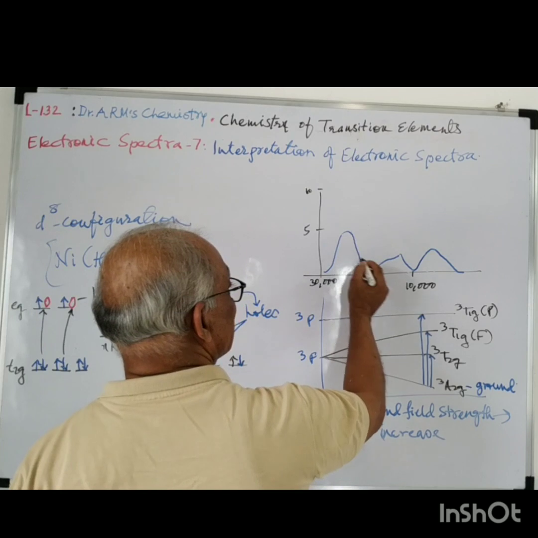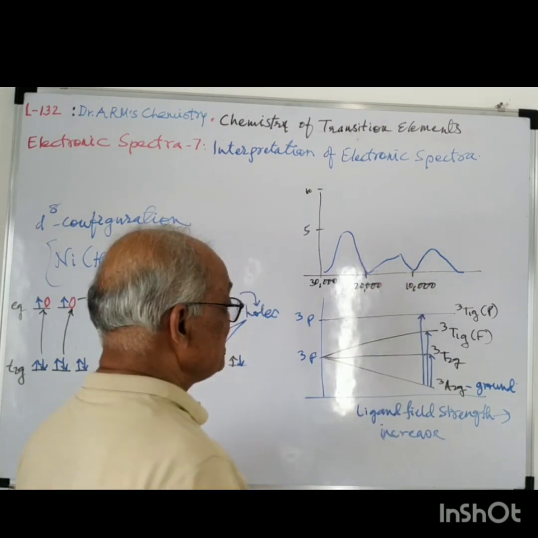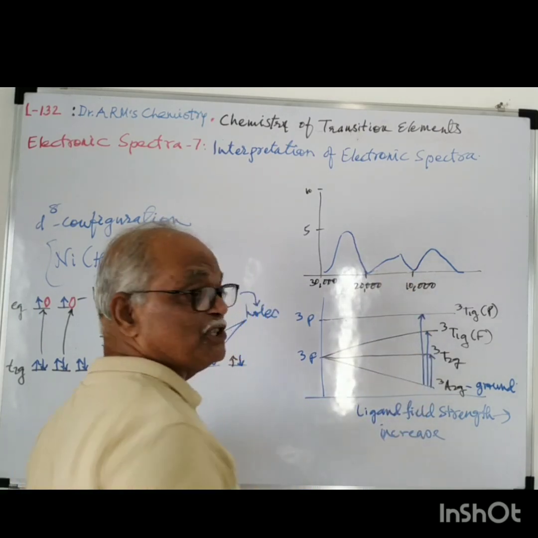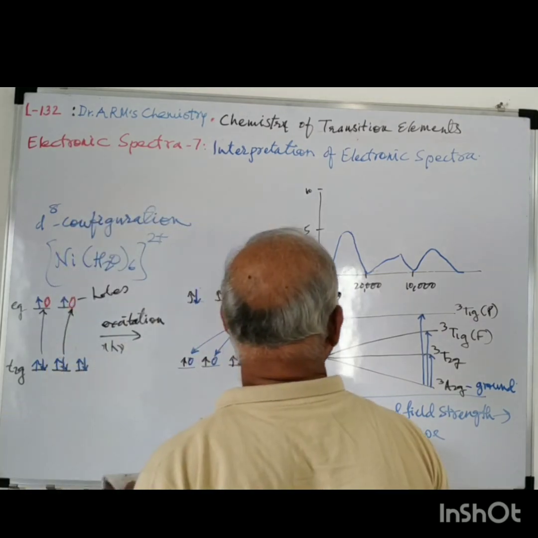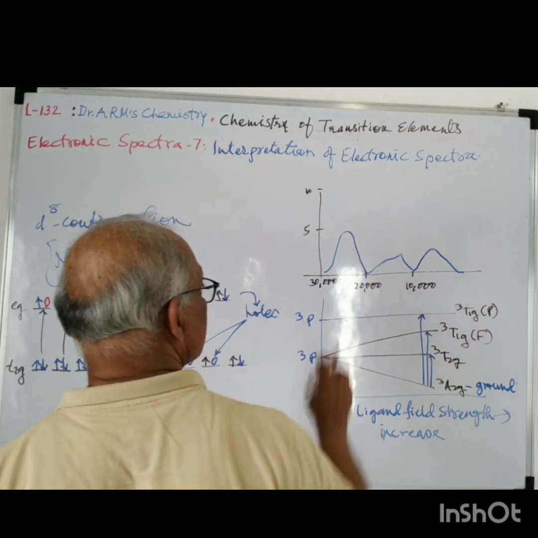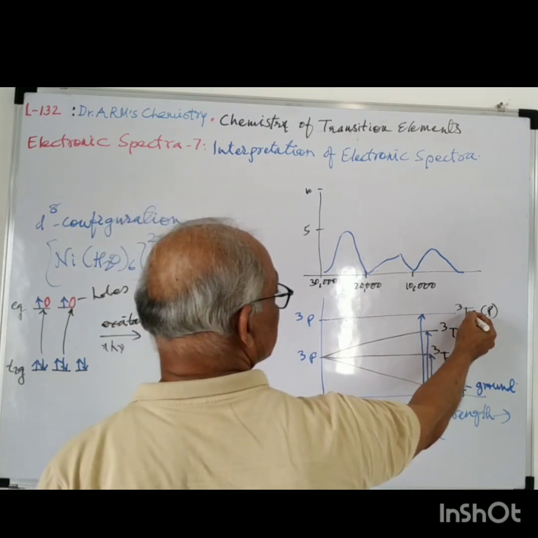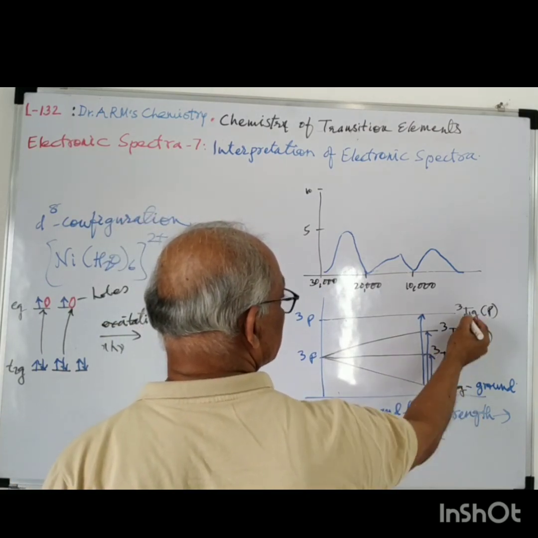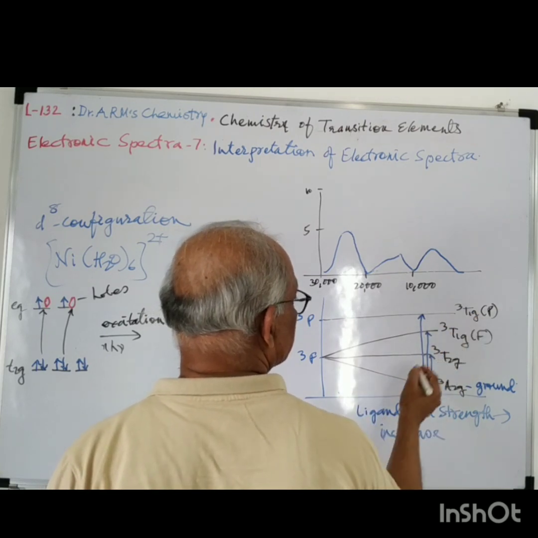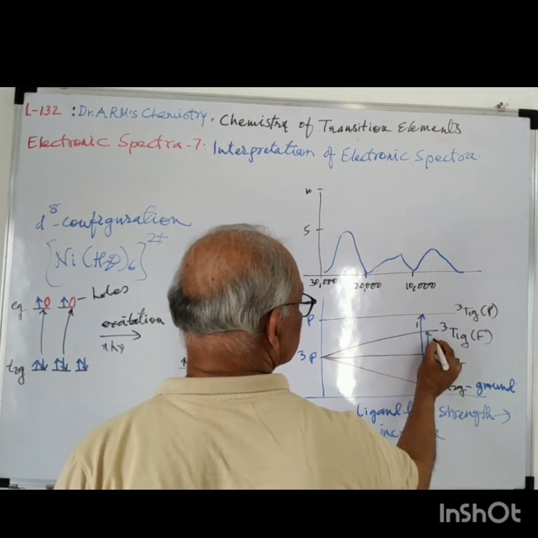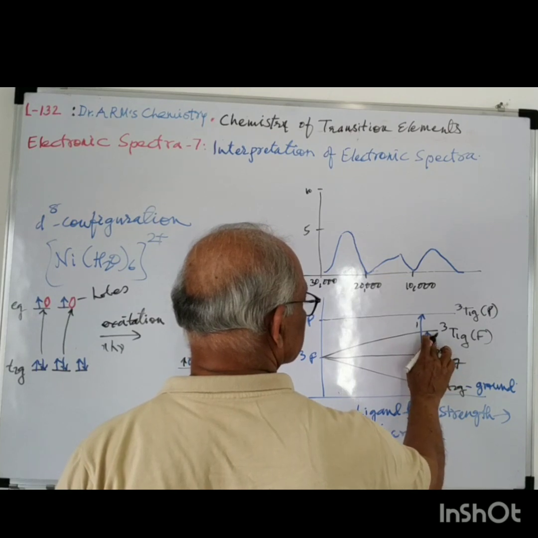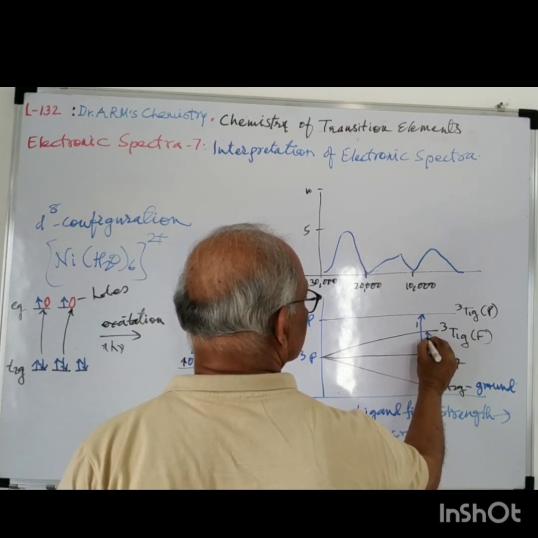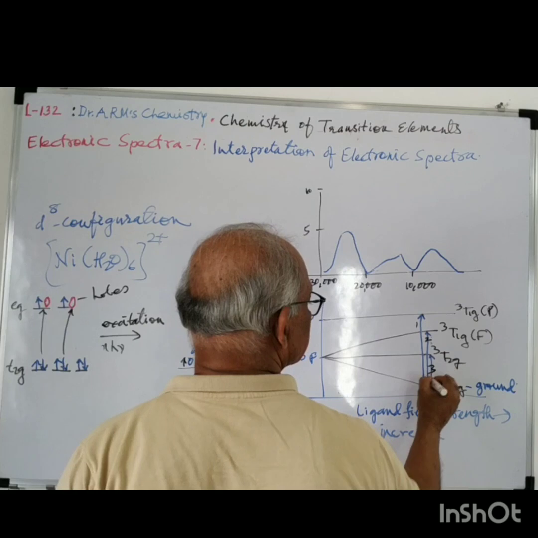So you will find there are three absorption bands corresponding to these three transitions. This stronger band arises due to the transition from triplet A2G to this T1G. So we will mark this as 1, 2, and this as 3.